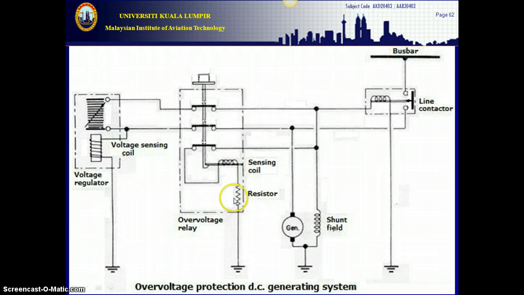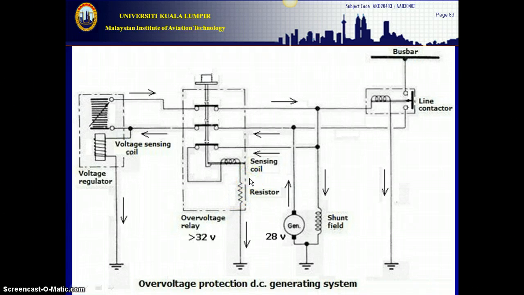Under normal condition, for example here 28 volts, under normal regulated voltage condition, the sensing coil circuit resistance is high enough to prevent the generator shunt field current from releasing the relay latch mechanism, and so the contacts remain closed and the generator remains connected to the bus bar.